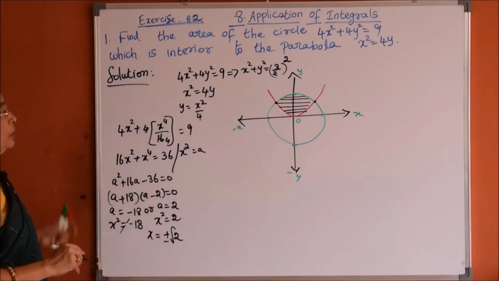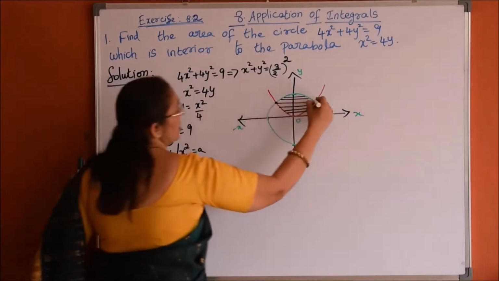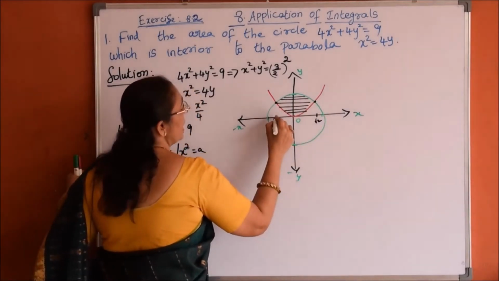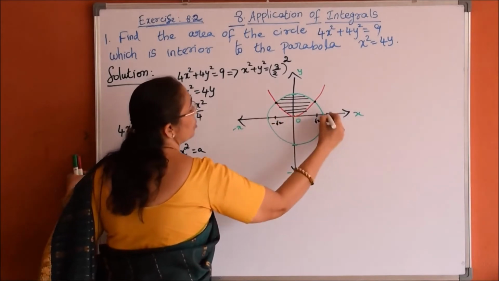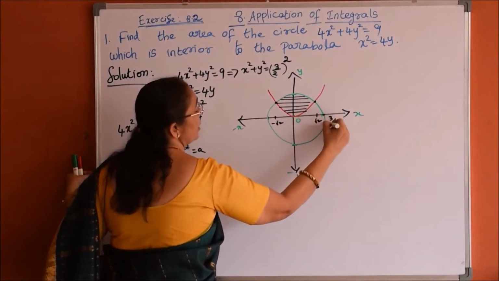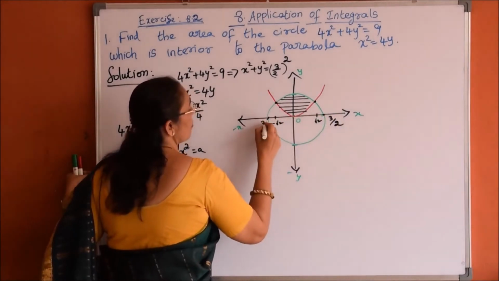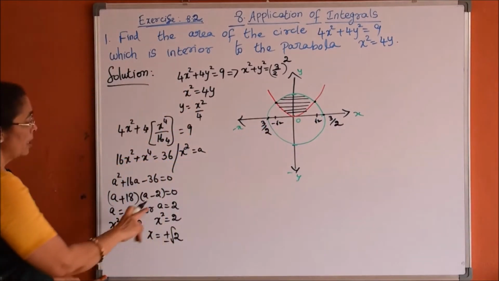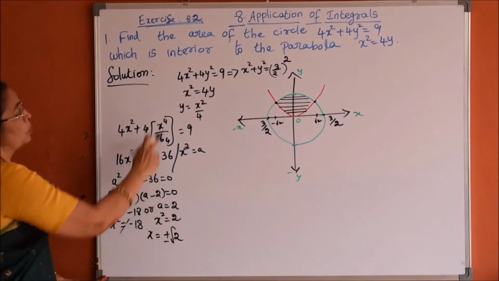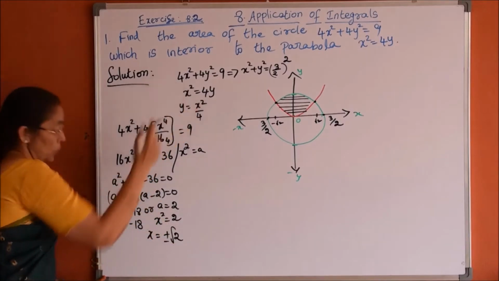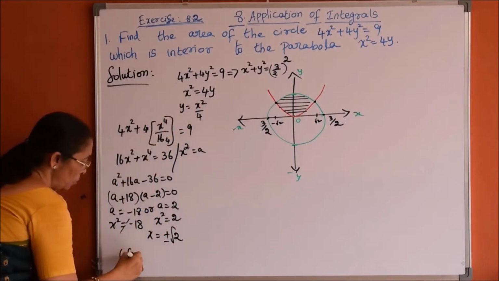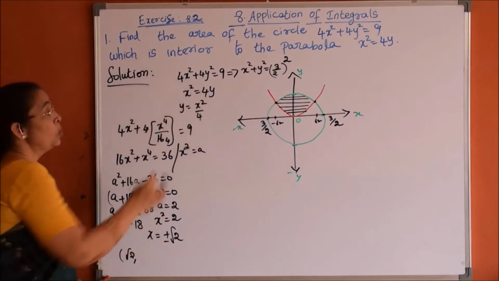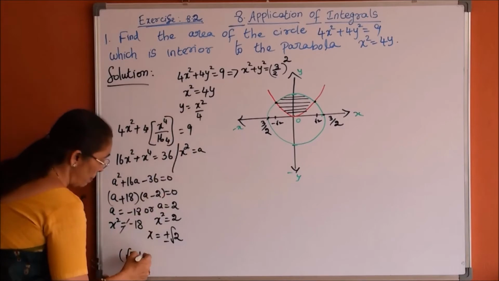So, the point of intersection, this x value is plus root 2. This side the x value is minus root 2. This point is 3 by 2. We will find the y value also. When x is plus root 2, y is equal to root 2 whole square, which is 2, divided by 4, which is 1 by 2.